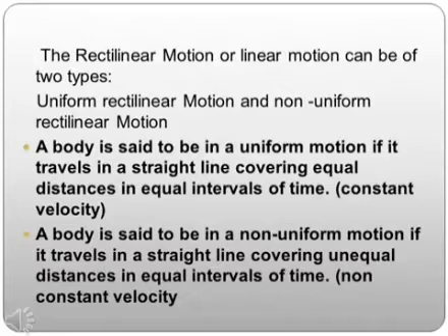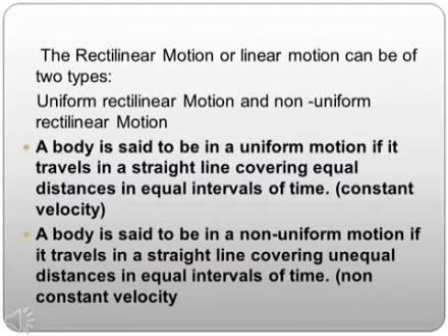Rectilinear motion or linear motion can be of two types. The first one is uniform rectilinear motion and the second one is non-uniform rectilinear motion. What do you mean by uniform rectilinear motion? A body is said to be in uniform rectilinear motion if it travels in a straight line covering equal distances in equal intervals of time.